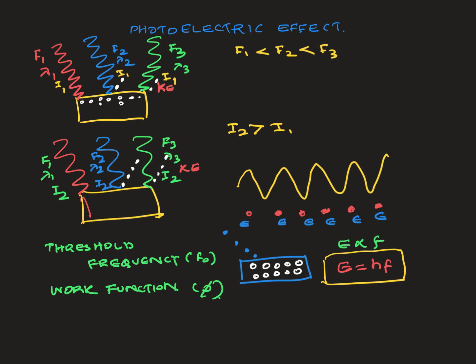The energy required to get them out of the metal is given by the work function, which is phi. So we can write that phi, the minimum energy required to get the electrons emitted, is given by using the same equation, hf naught.